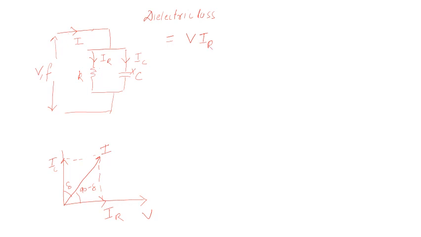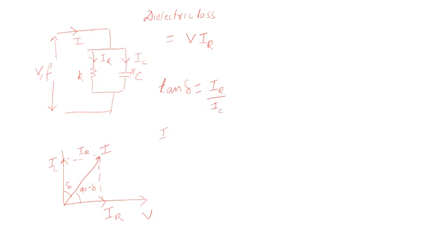Now what about tan delta? If you take the tan of this angle, you will find that it is nothing but this perpendicular, that is, IR. Tan delta is equal to IR upon IC. So just model it.